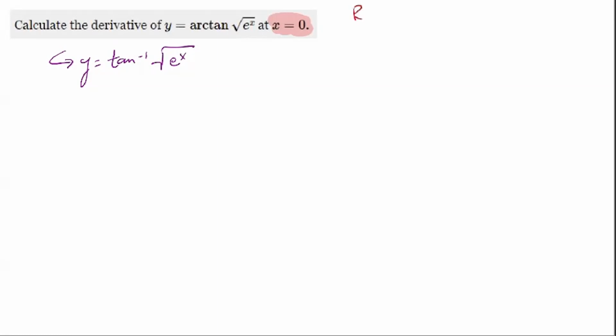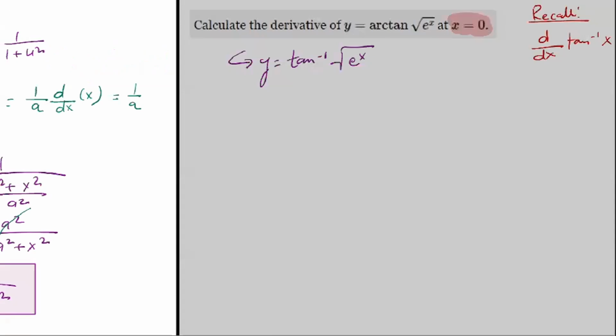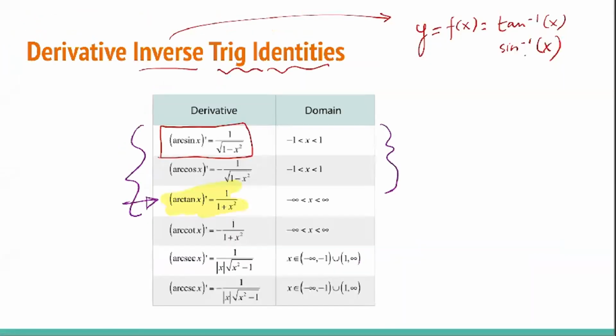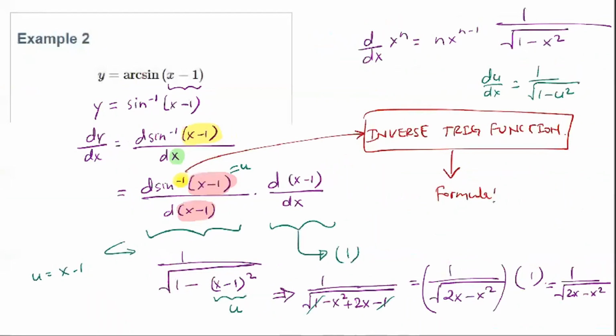Recall that the derivative of tan inverse x is 1 over 1 plus x squared. You can verify that with the formula sheet here in the front. So let's use that property.